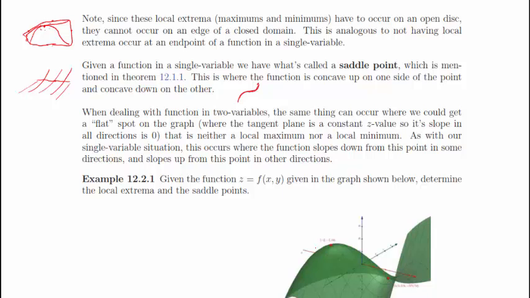If you're standing on a hill or inside a little valley, but you could walk downhill in at least one direction and uphill in another direction, but at the point you're standing on you're actually at a level surface, then you're at a saddle point. So it's not a local max or a local min.